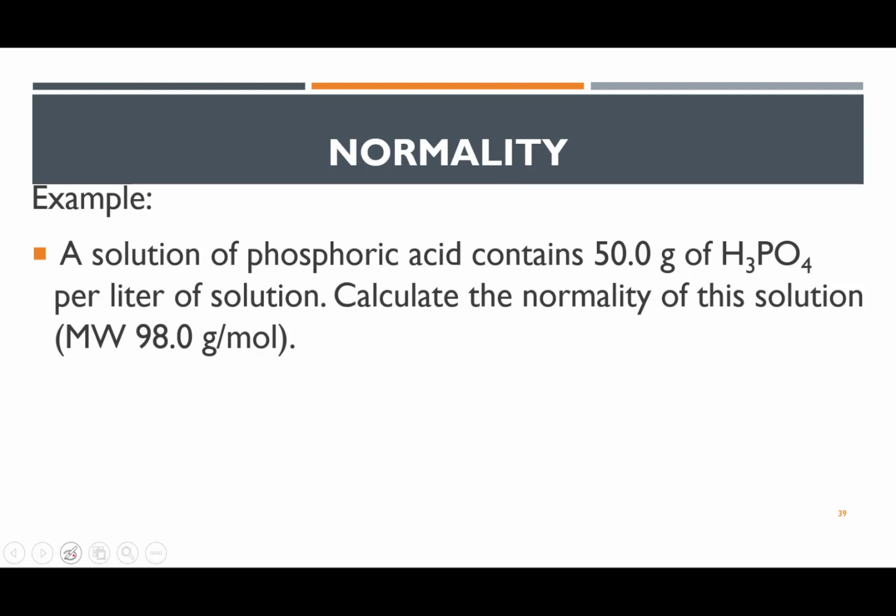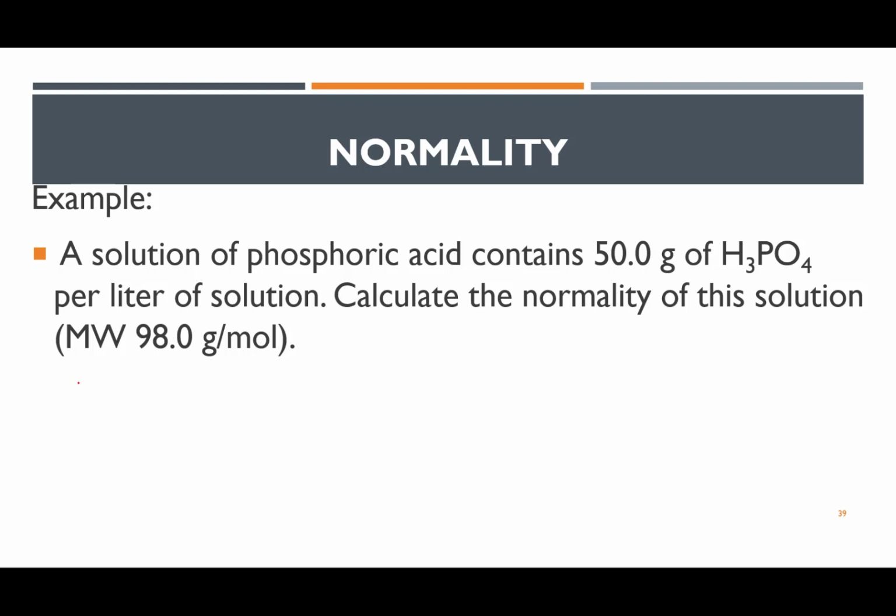Let's do this problem. In this problem, we deal with a solution of phosphoric acid, which contains 50.0 grams of phosphoric acid per liter of solution. We're going to calculate the normality.